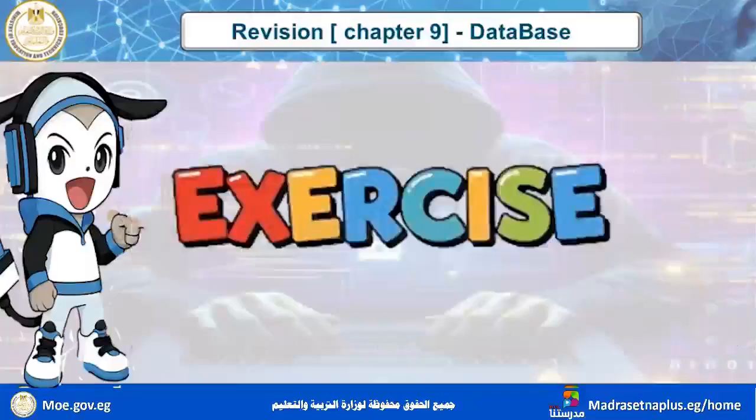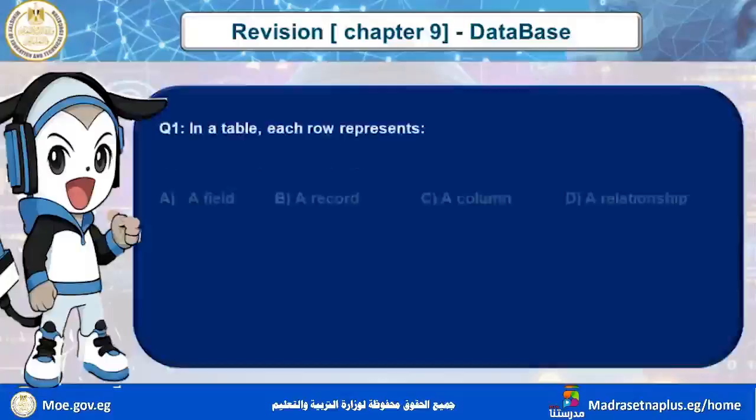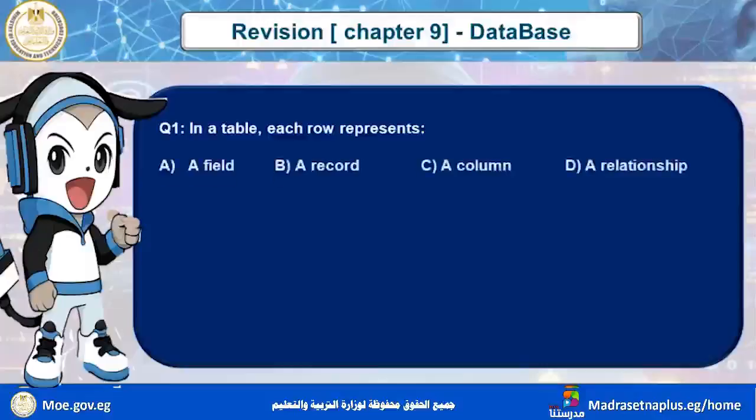Now it's time for exercise. Question number 1. In a table, each row represents a field, a record, a column, or a relationship? Yes, correct. Each row represents a record.